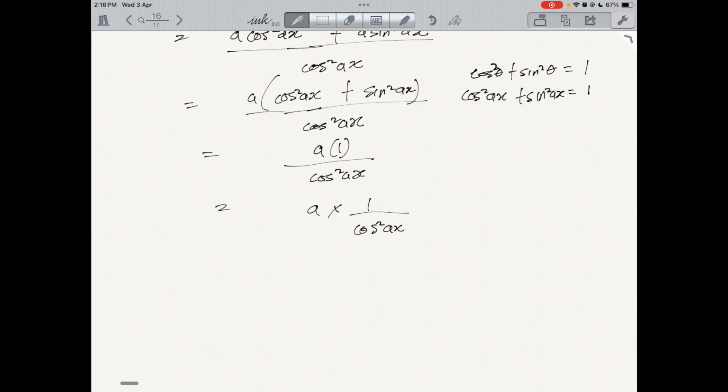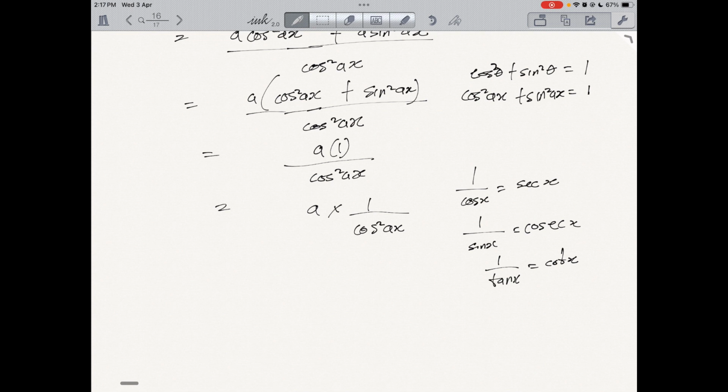Now, also according to trigonometric identities, we know that 1 over cos x is equal to sec x, 1 over sin x is equal to cosec x, and 1 over tan x is equal to cot x.